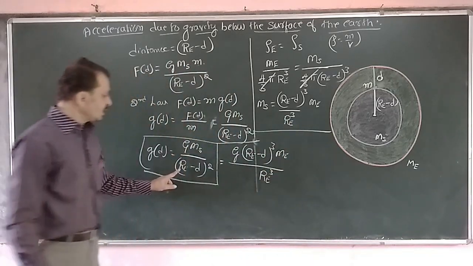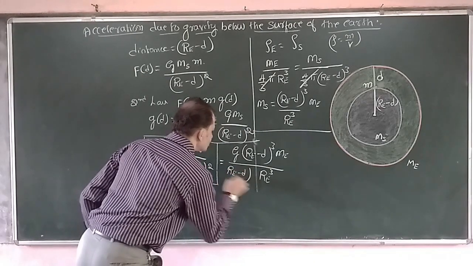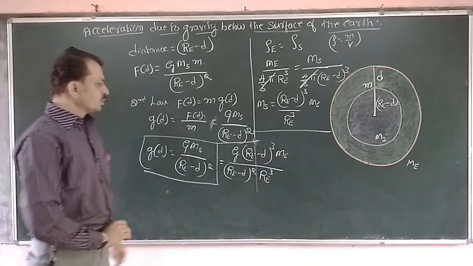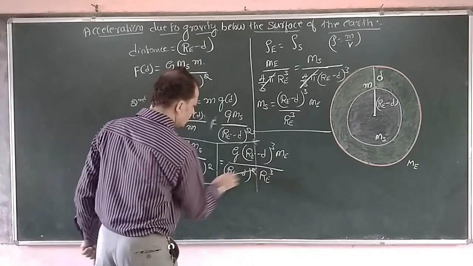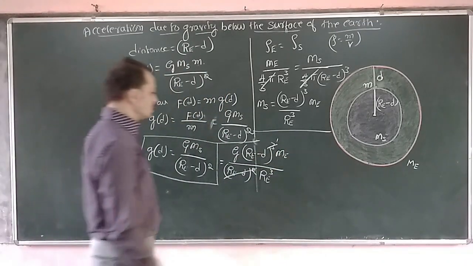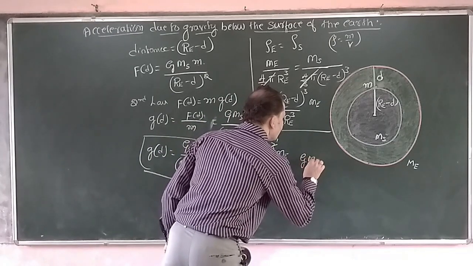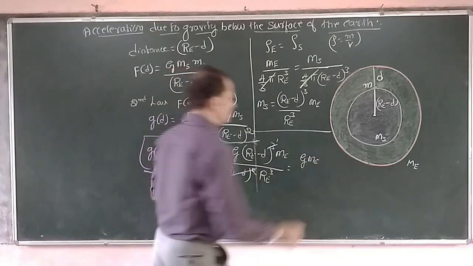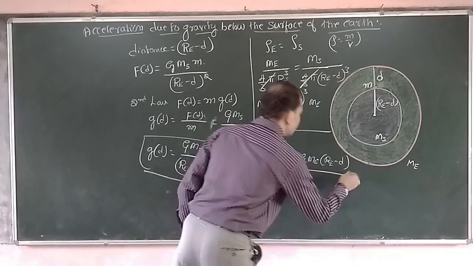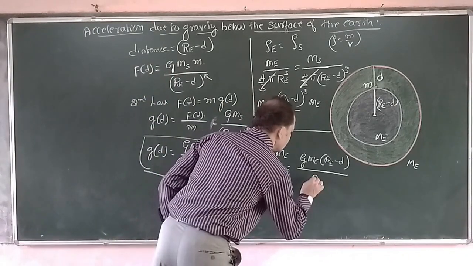Now here Re minus d whole square is there. Okay, now simplify this. Here the square cancels, therefore one term is remaining. So the remaining term is G Me into Re minus d, divided by Re cube in the denominator.